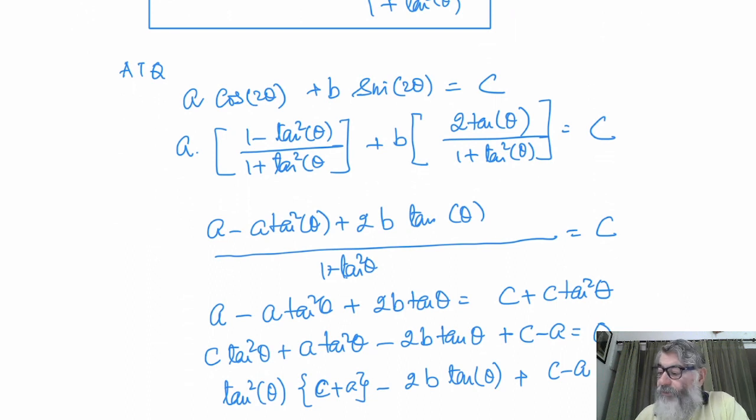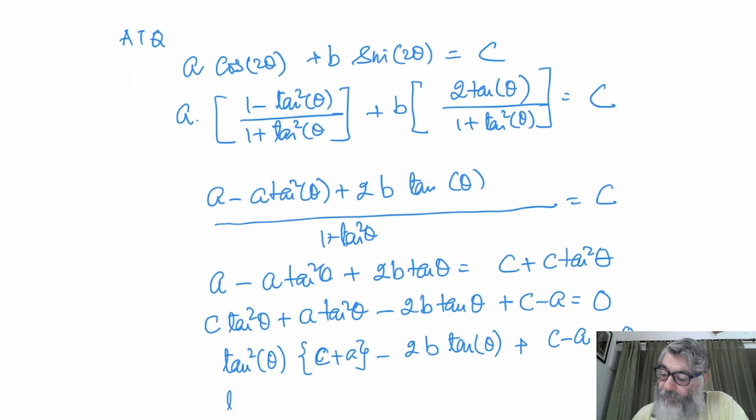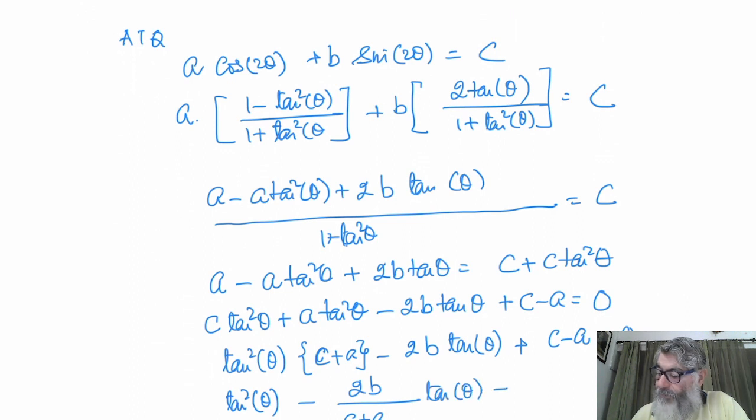This is actually a quadratic equation in terms of tan theta. So what am I going to do? I'm going to divide the whole equation by C plus A. Tan square theta minus 2B upon C plus A tan theta plus C minus A upon C plus A is equal to 0.